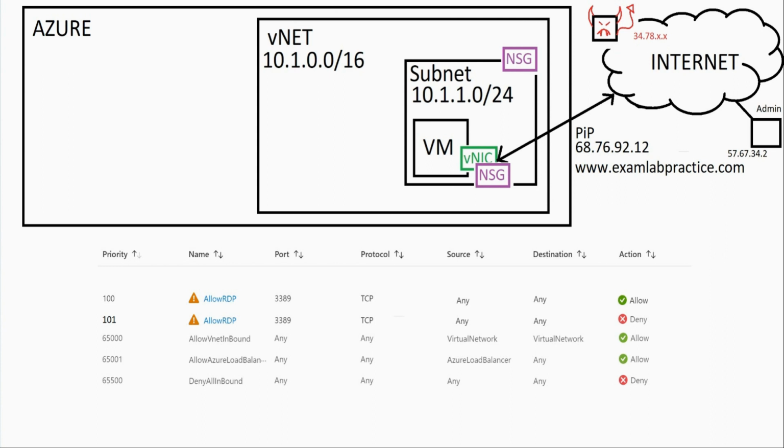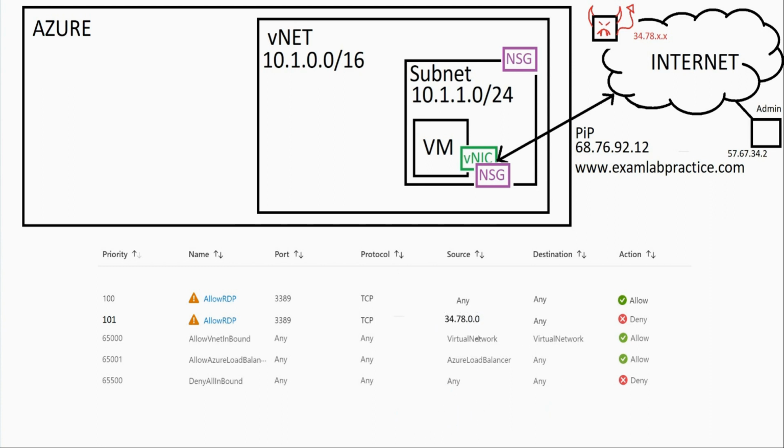You could actually go and block that. All right, you could say 34.78.0.0, and the zeros can act as wildcards. And you can apply that in your source.